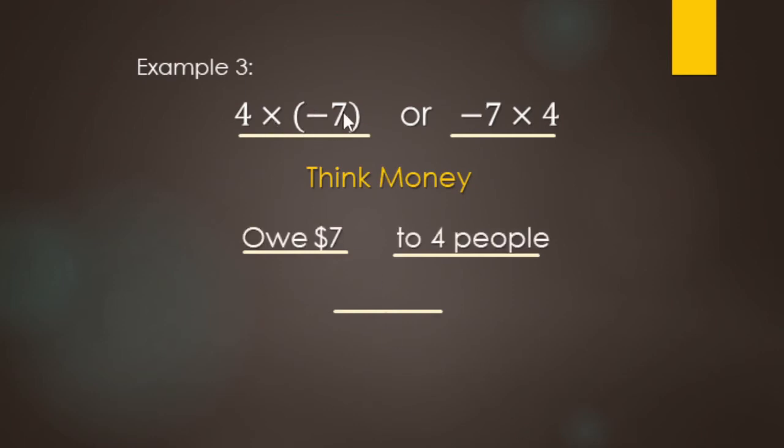And then the 4, because you're going to owe $7 four times, means to 4 people. So you're going to pay 7, pay 7, pay 7, pay 7. You're going to pay 7 four times. So you're going to be paying a lot of money, which means it's going to be a negative because that's how much you owe, and the value of that is going to be 4 times 7, which is 28.